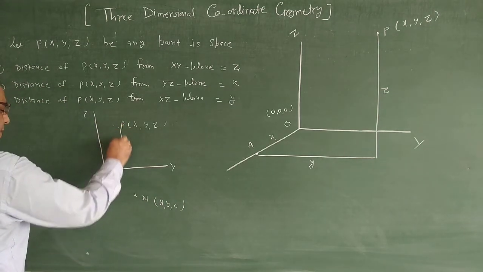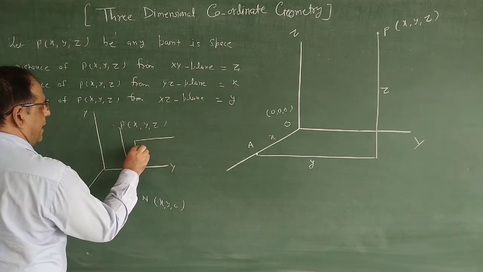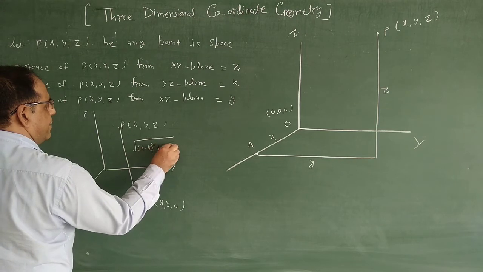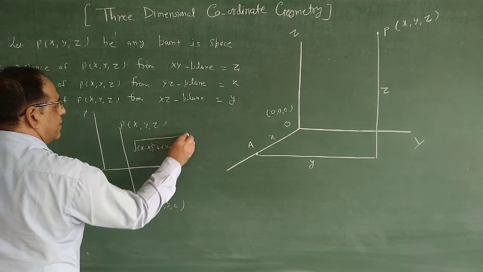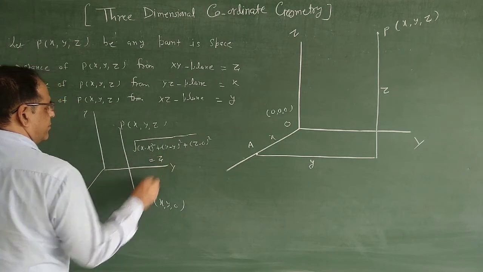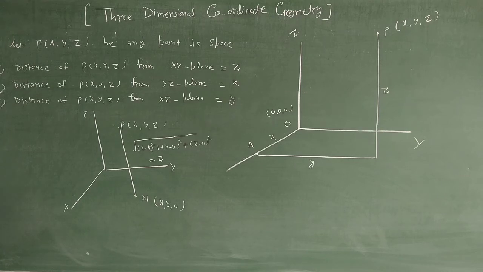Now apply the formula. You have the square root of (x minus x) square plus (y minus y) square plus (z minus 0) square, that is equal to z. This is the way to find the distance of a point in space from the yz plane, xy plane, and xz plane.